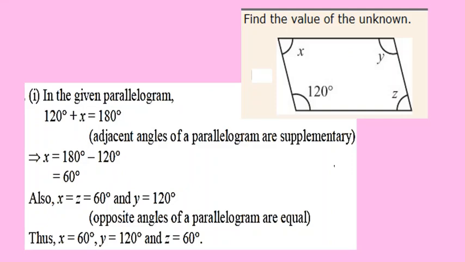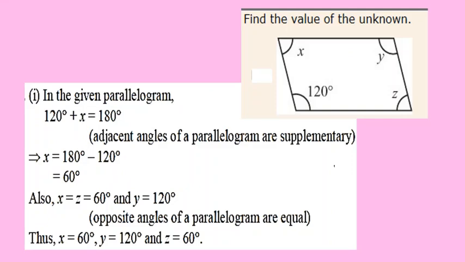Now to find x or z, we need to use the adjacent angles property. It is a special property of any parallelogram that adjacent angles are supplementary. So x plus 120 should be 180.